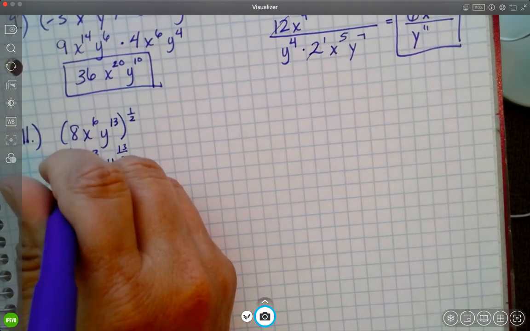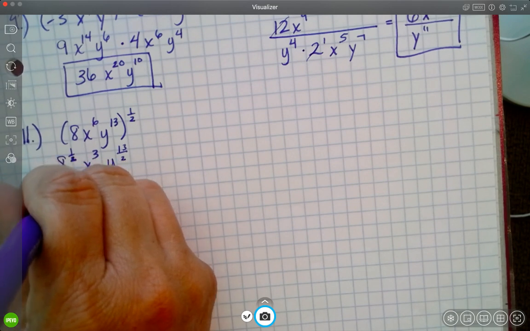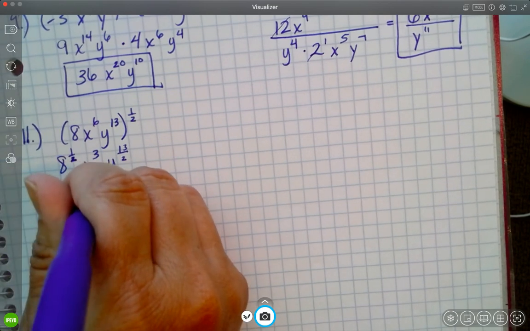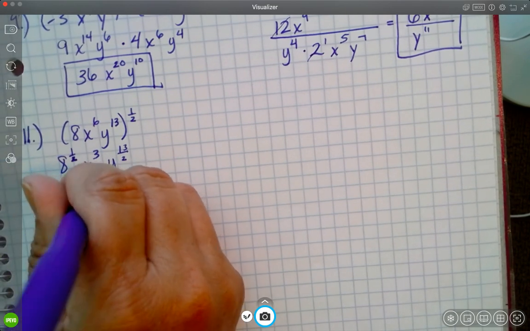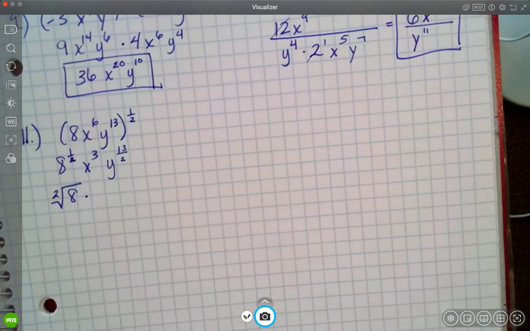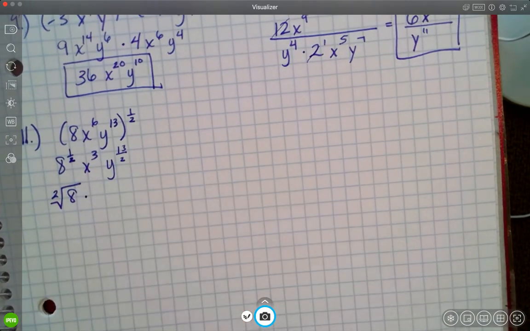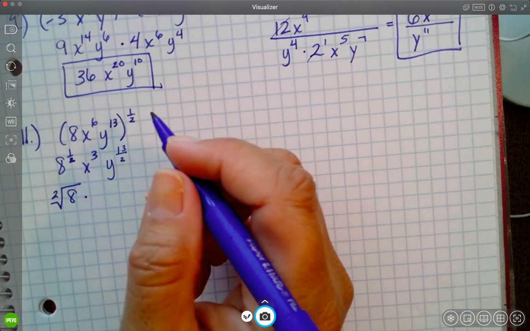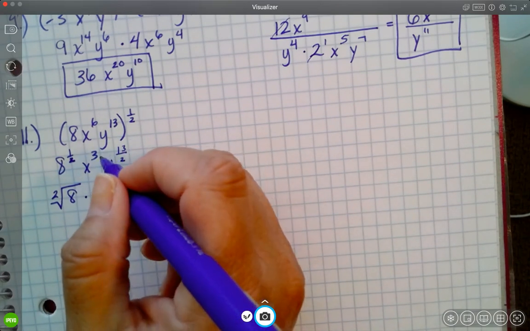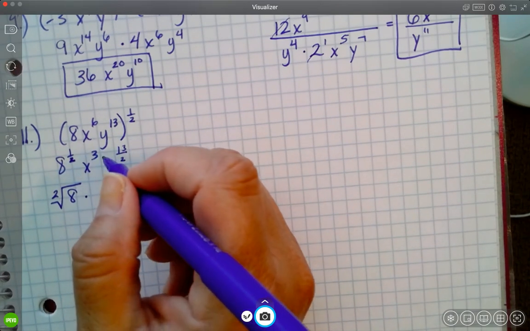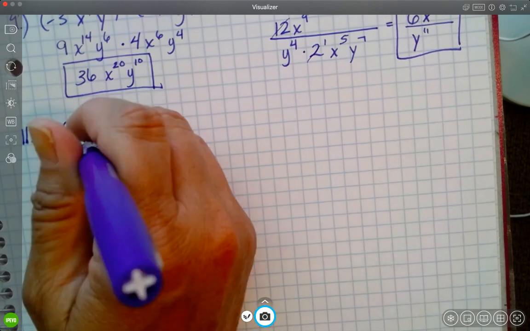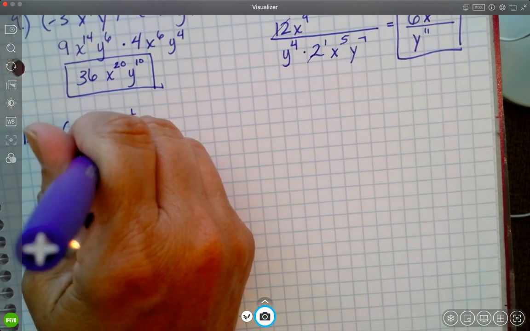So I really have square root of 8 times, maybe I shouldn't do that. Maybe I'll leave this like 6 over 2 so I can have all square roots.